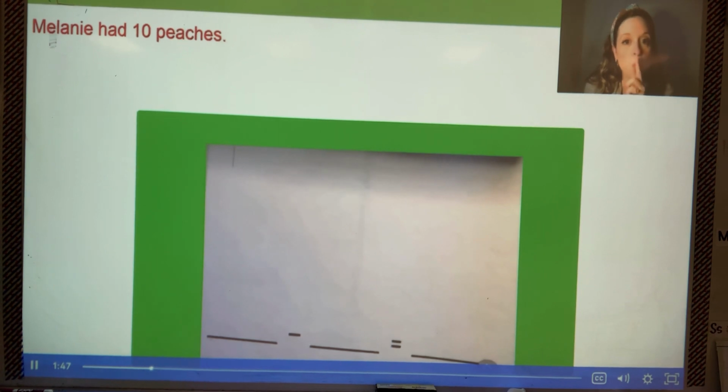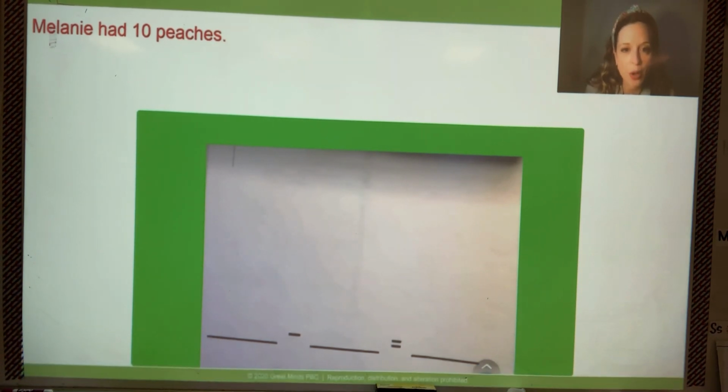Let's see. And whisper how we could draw. I heard you whispering that we could draw Melanie's 10 peaches in 5 group rows, with 5 peaches on one row and 5 peaches on the bottom row. And we can draw the peaches just like circles. Ready?